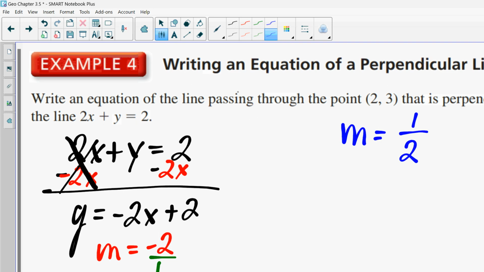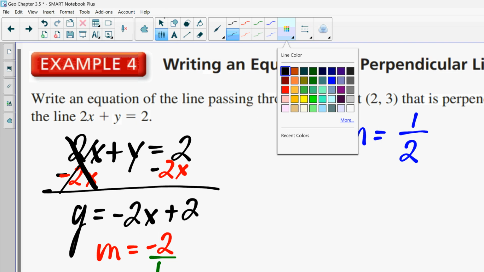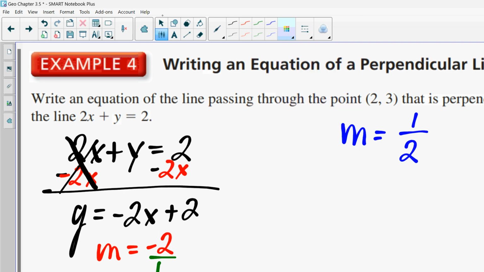So whenever we get the perpendicular slope, we change the sign, going from negative to positive, and flip. Because by definition, two slopes are perpendicular if and only if their product is -1. And we could check that here.